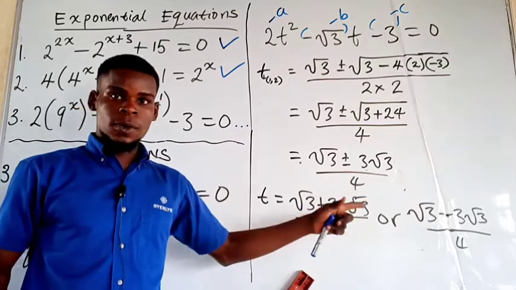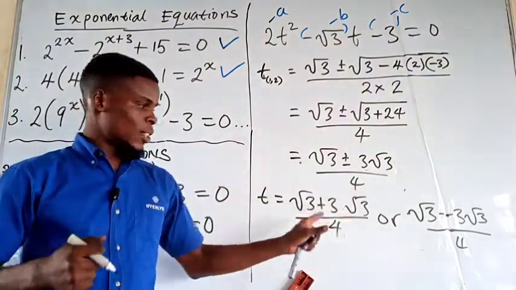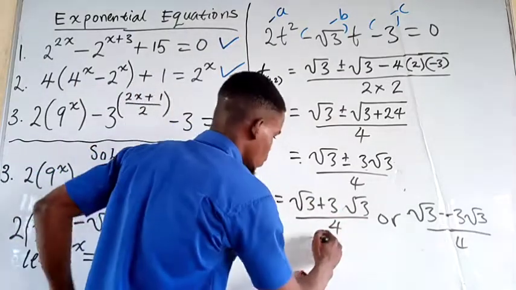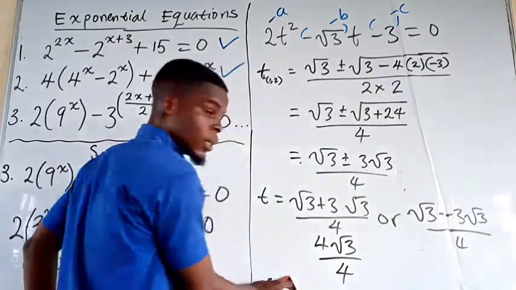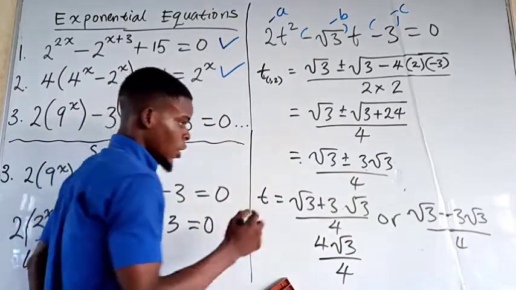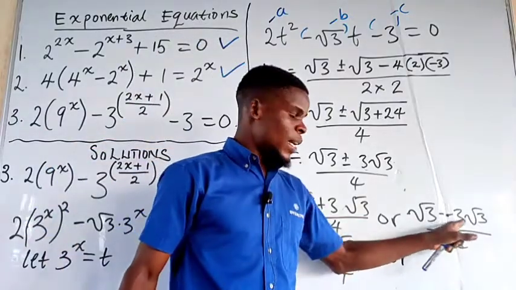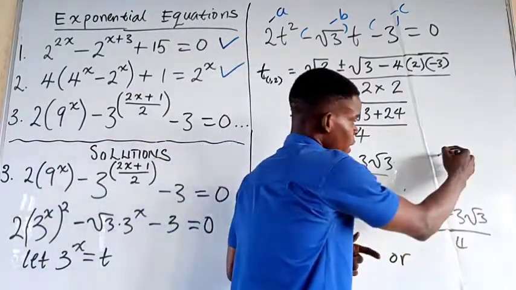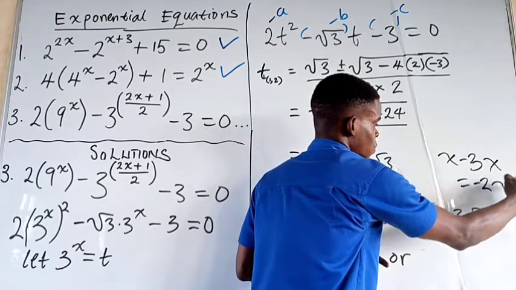Root 3 plus 3 root 3, that is 4 root 3, right? x plus 3x is 4x. So root 3 plus 3 root 3 is 4 root 3 divided by 4. That is for the t. Or the second one is root 3 minus 3 root 3. If you have x minus 3x, this is negative 2x.